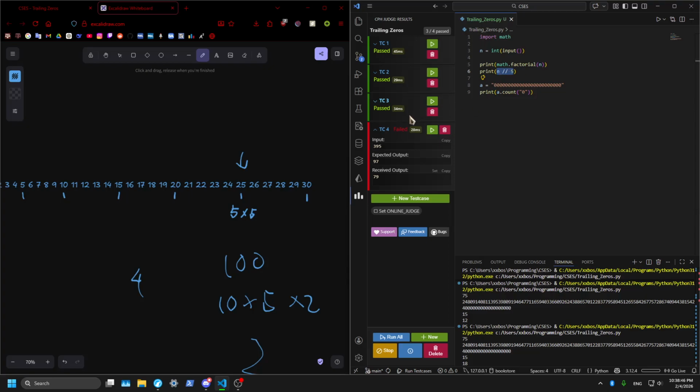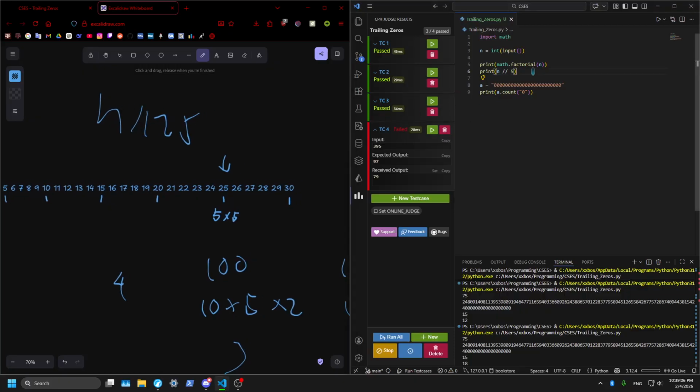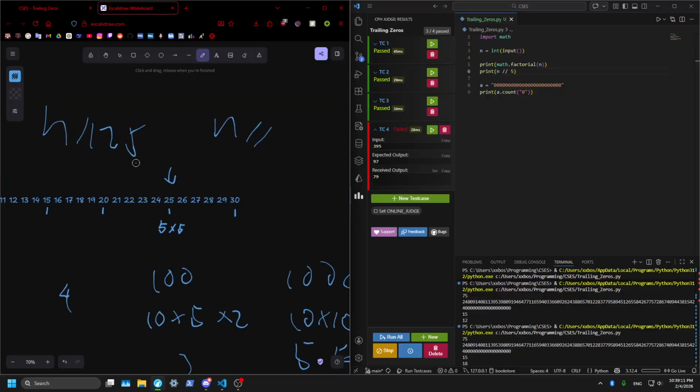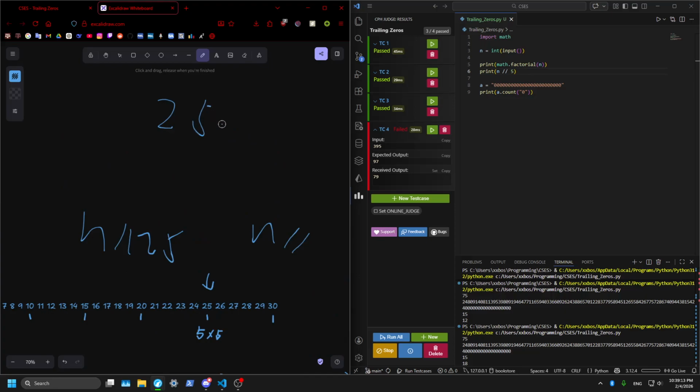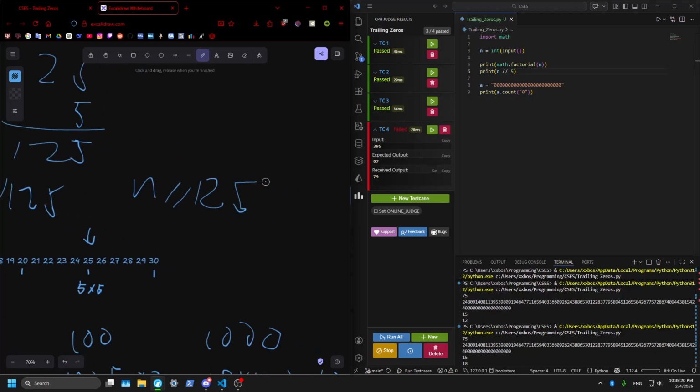Now we need to count all the multiples of 25. And then we need to count multiples of 25 times 5, which is 125, etc., etc.